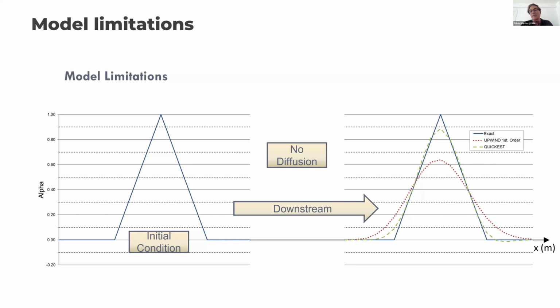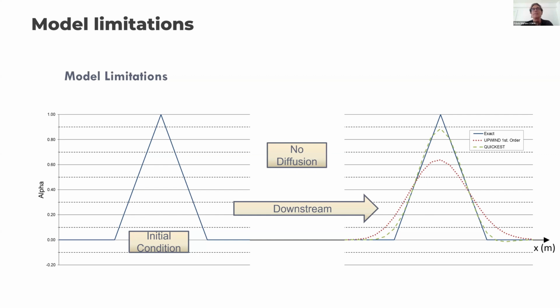Which is strange. Why does this diffusion appear, because I cut the term in my model? There are ways of reducing this, I will show you later, but you can never solve it completely, okay? This is a limitation of our models. It's called false diffusion, okay?